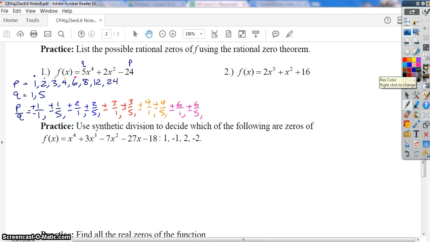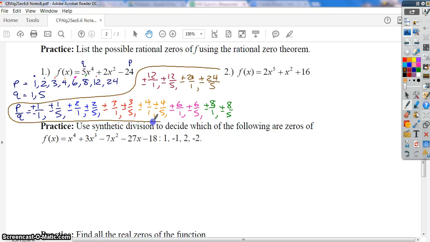Go to green for 8: 8 over 1 and 8 over 5. Maroon I'll do 12: 12 over 1, 12 over 5. And lastly, in brown, I'm going to do 24, which will be 24 over 1 and 24 over 5.